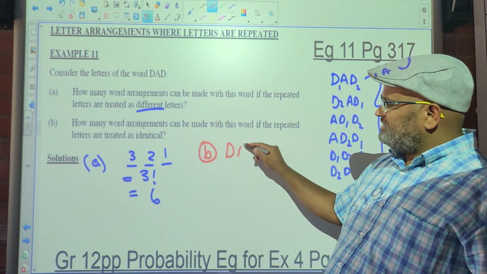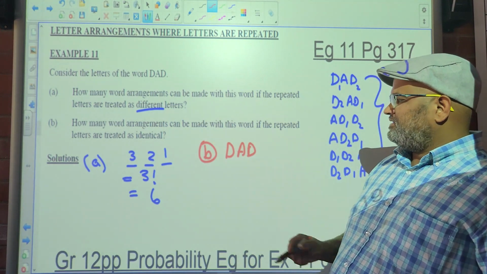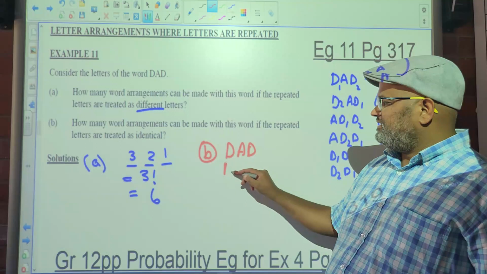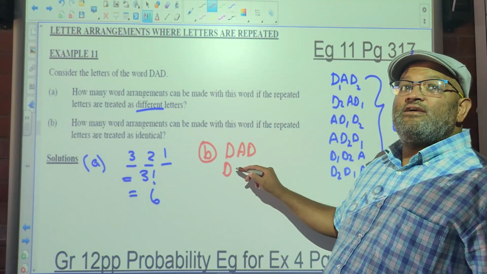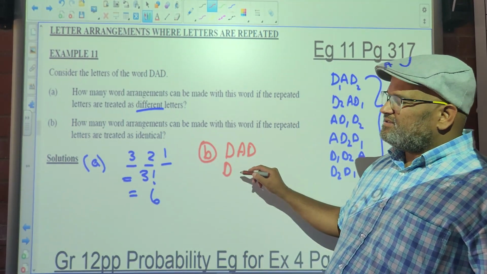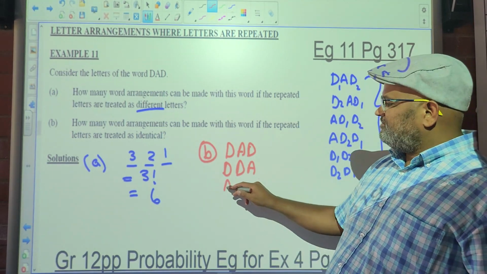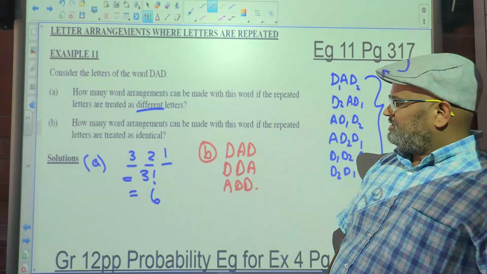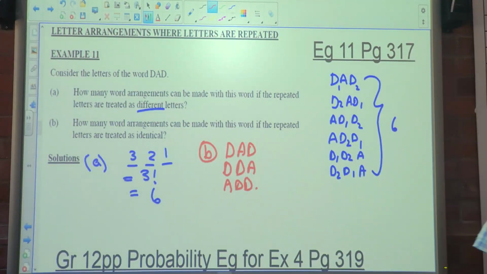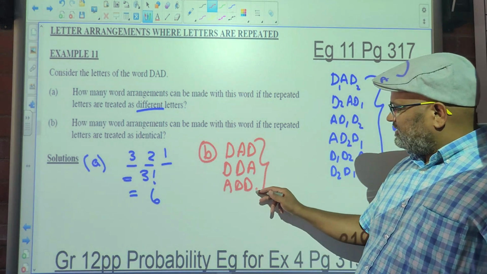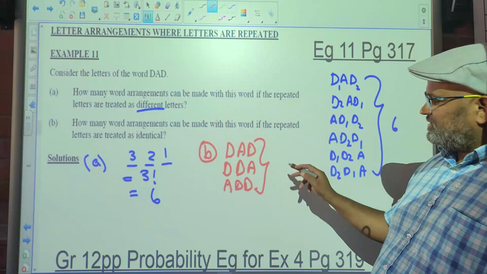D, D, A, D, A, D, A, D, D. So any other options that can be arranged? No? So how many outcomes are there? Yeah, 3 outcomes.